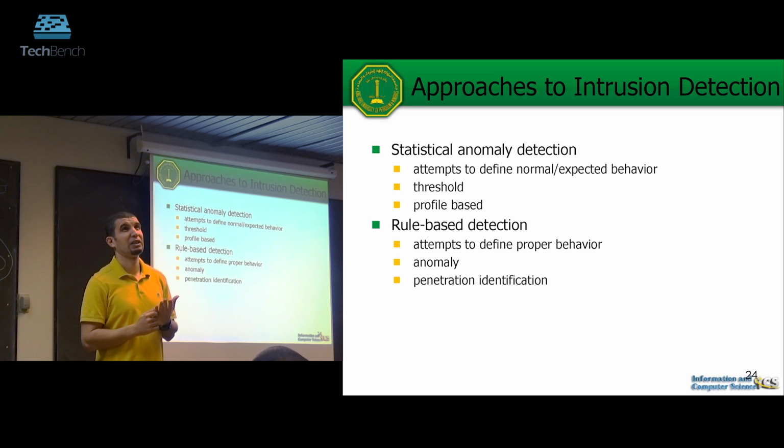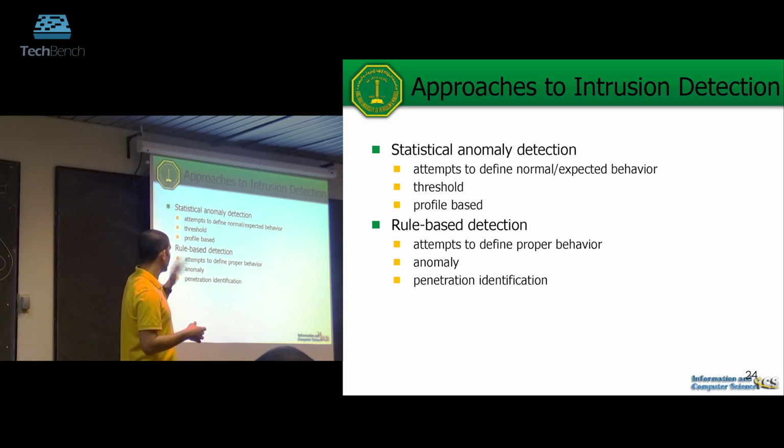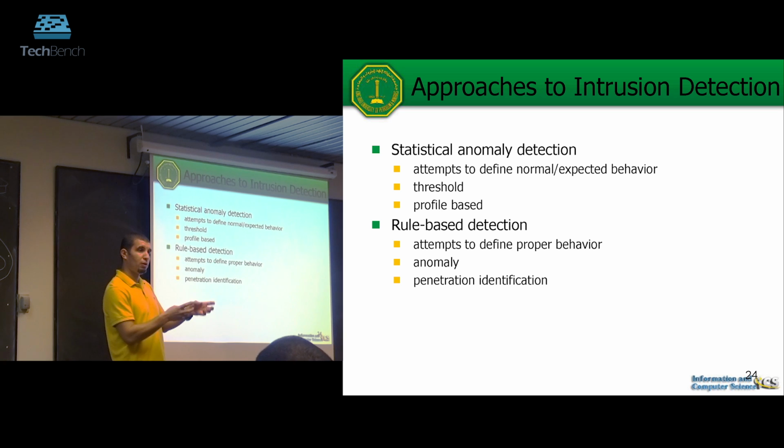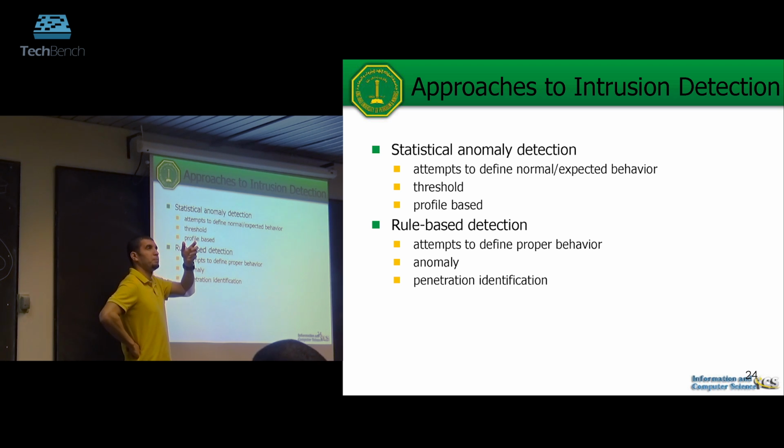Both of them will detect the two types of intruders, but I think the first one, where you have attack signatures, is more appropriate for masqueraders.